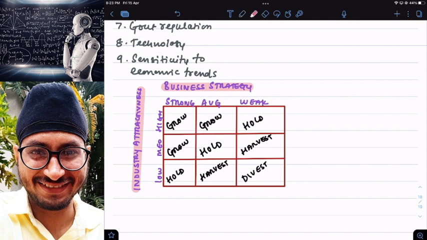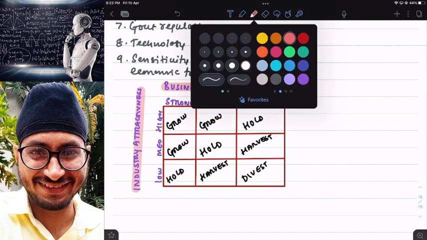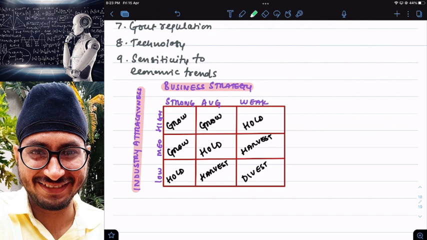So these first three boxes, grow, will always be represented by green color. Here, grow is represented by which color? Green color.